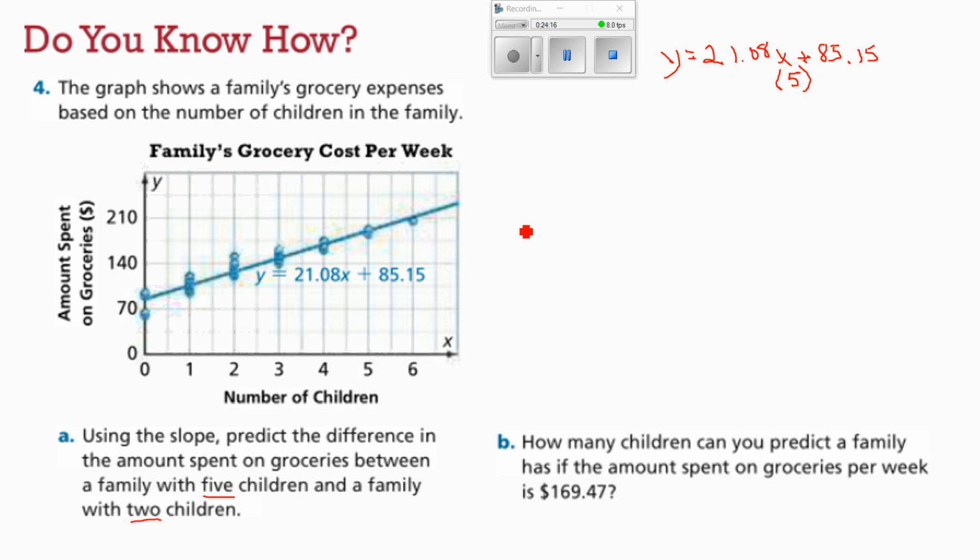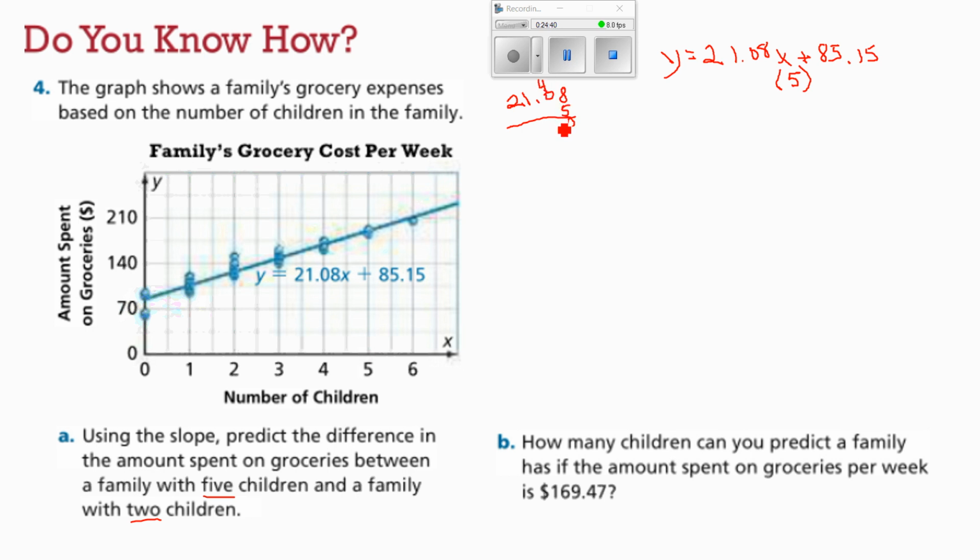When I do this, I'm going to have to take 21.08 and multiply it by 5. Eight times 5 is 40.